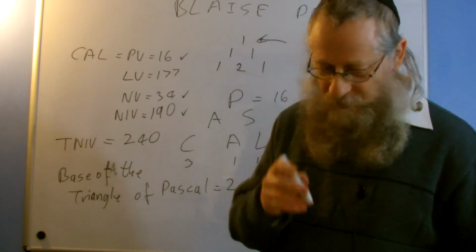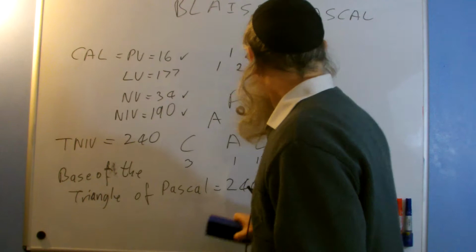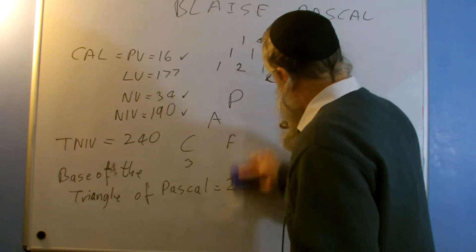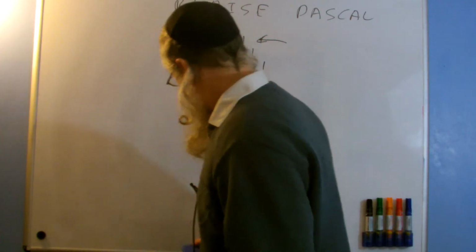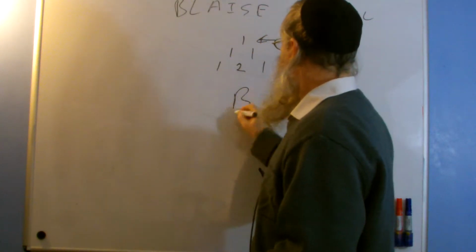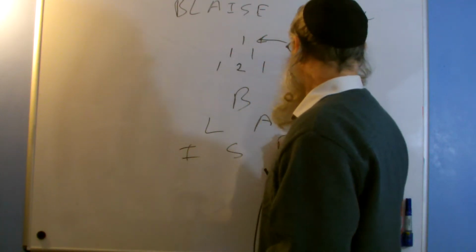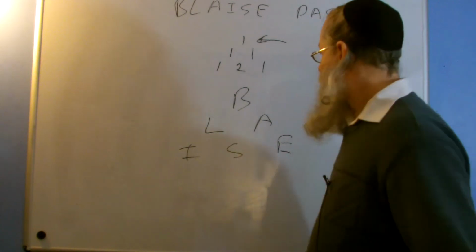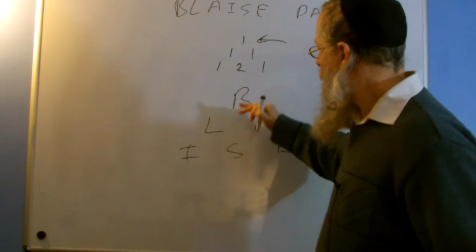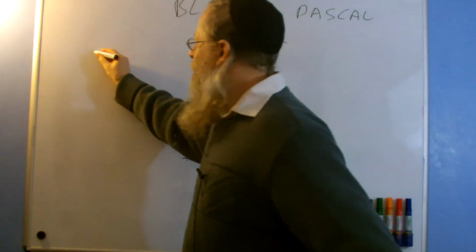So we're going to look now at Blaise, his other name, which is also 6 letters. So again, we'll rub this off. And we're going to put Blaise, B-L-A-I-S-E. So we're going to start with the base. The base is based on the beginning. So the base is ISE.